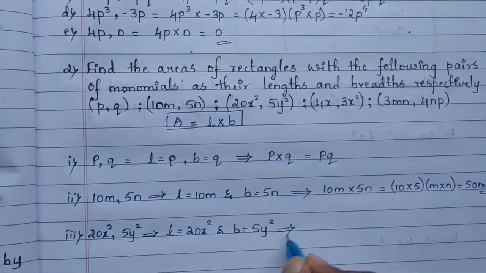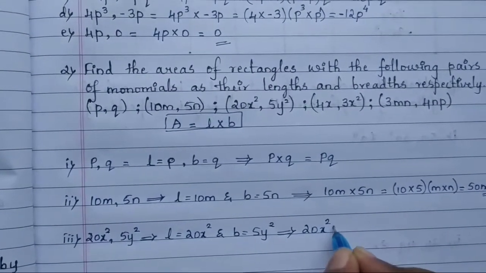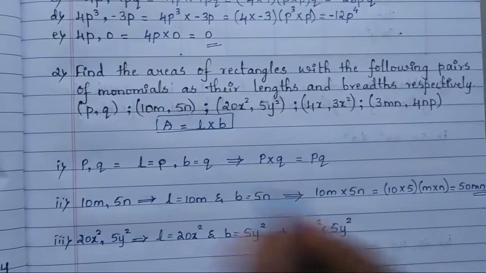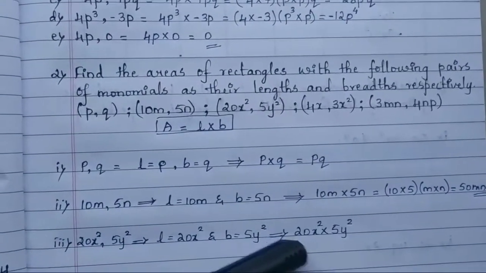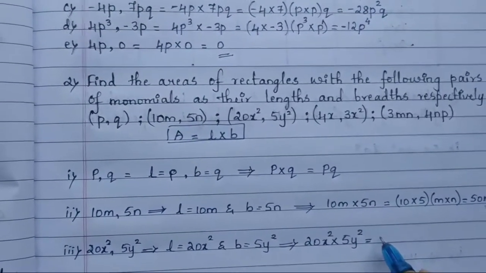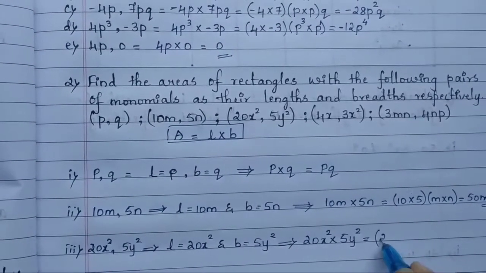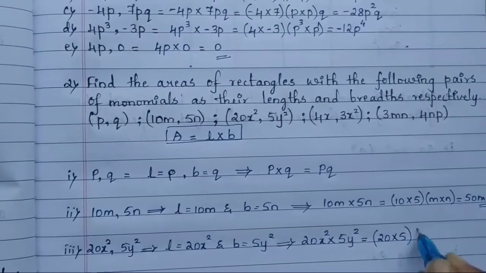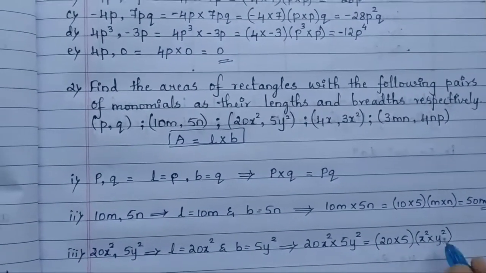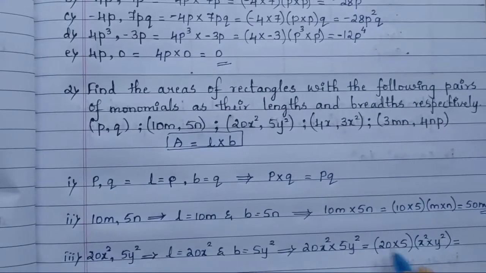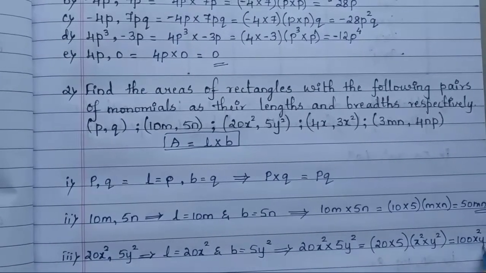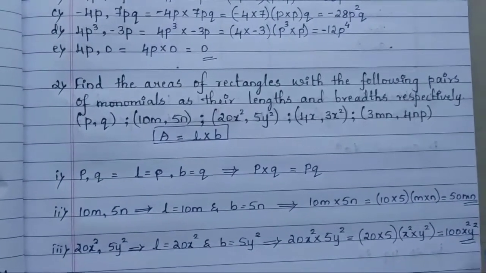So it will become 20x square into 5y square, as our formula is L into B. Again, we will separate the numerical and alphabet terms, that is 20 into 5 and x square into y square. The answer we are going to get here is 20 into 5, which is nothing but 100, and x square into y square is nothing but x square y square.